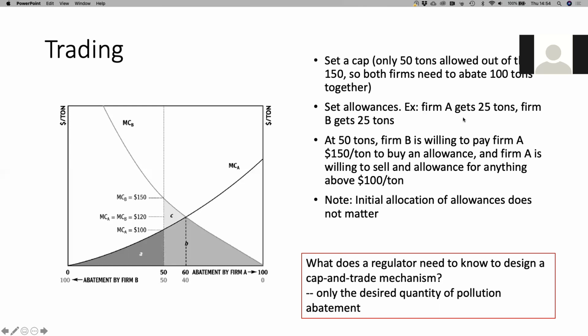Each firm, let's say in a command and control situation, is allowed to emit only 25 tons, okay? But if you allow them to trade those 25 tons between each other, what happens? In the absence of any regulation, each firm would have emitted maybe around 75 tons, let's assume.